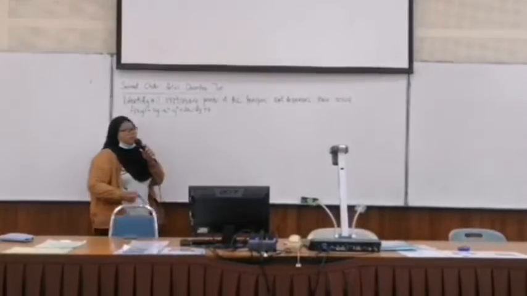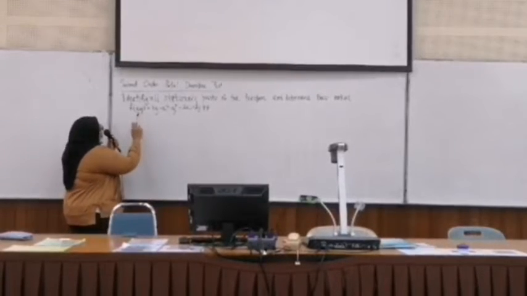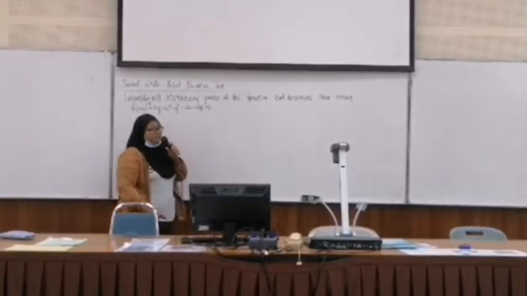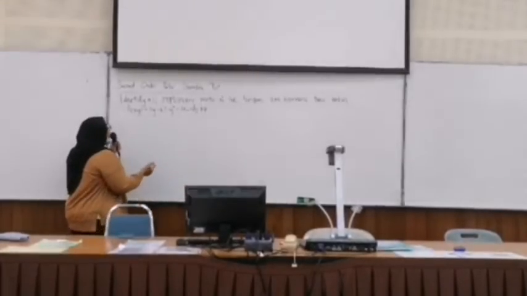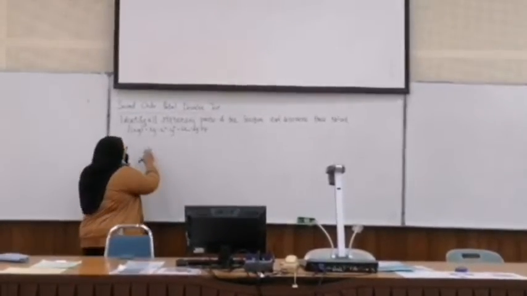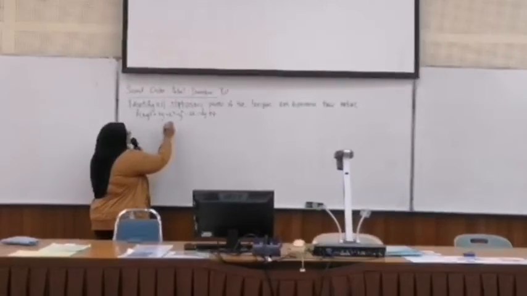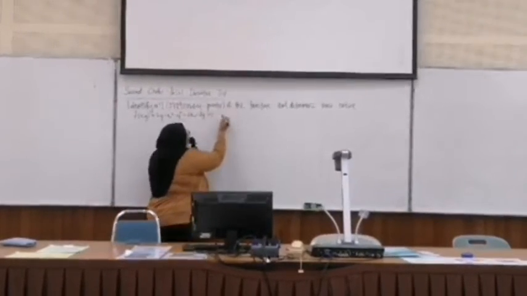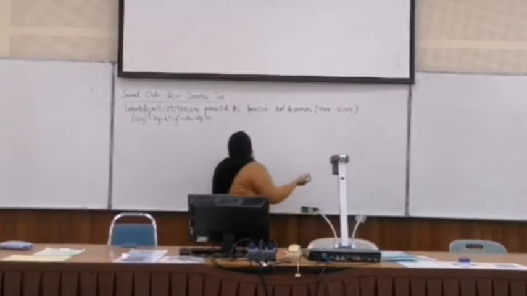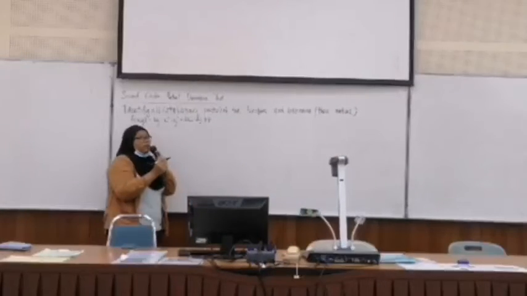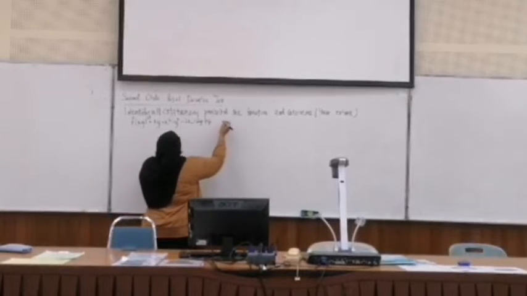Go to the next tutorial, which is the second order partial derivative test. So first we look at the question which asks us to find the stationary point and also determine their nature. The stationary points means you need to do the first order.